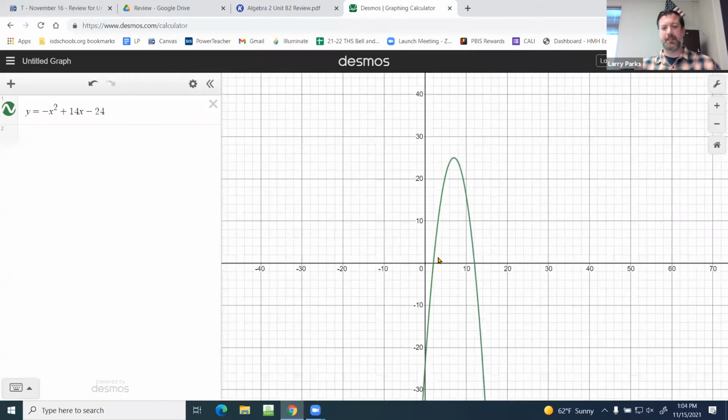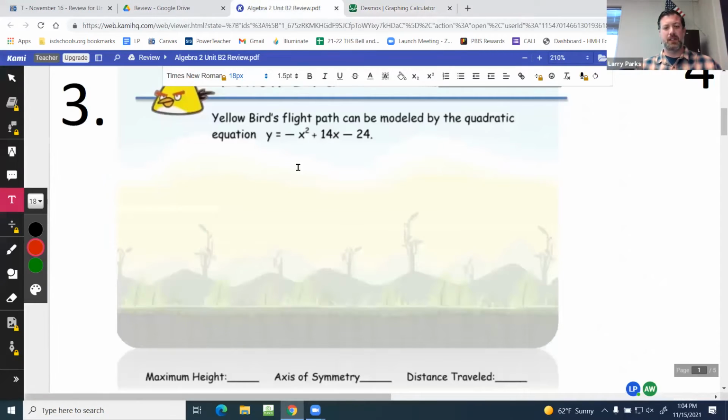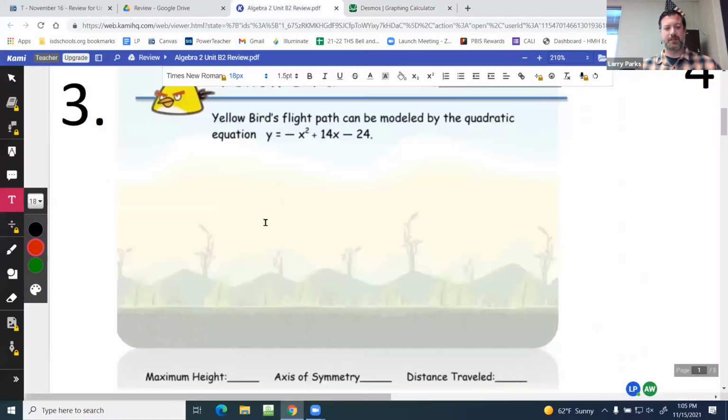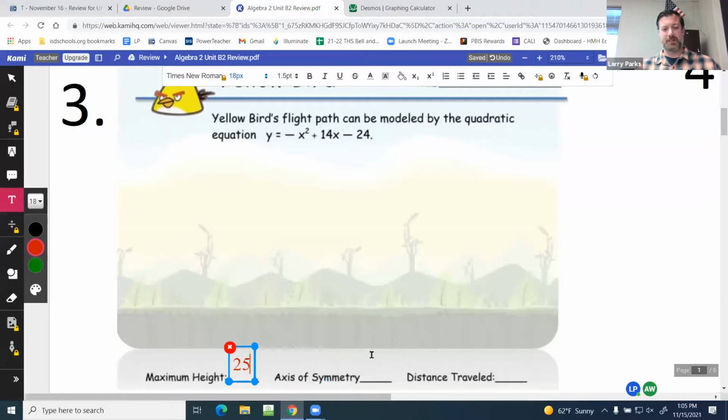There's my yellow bird path right there. So what is its maximum height? Maximum height is 25. Axis of symmetry would be at 7, x equals 7.